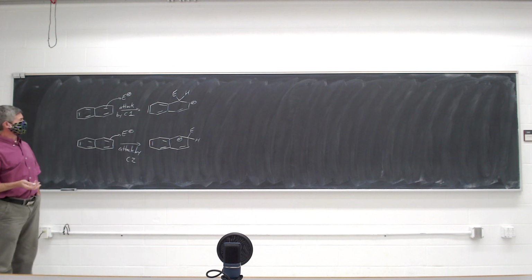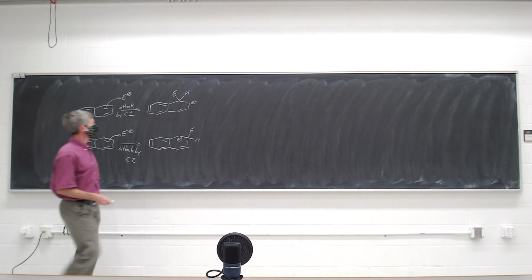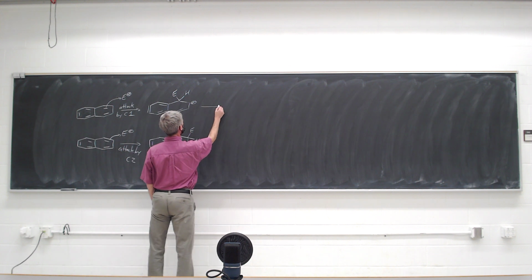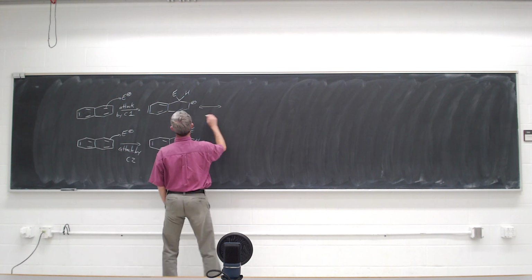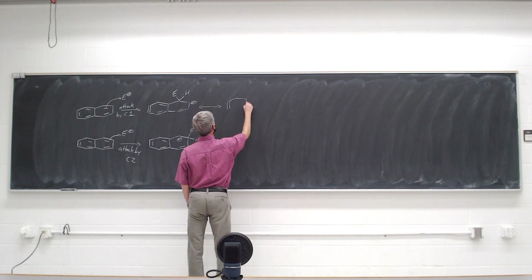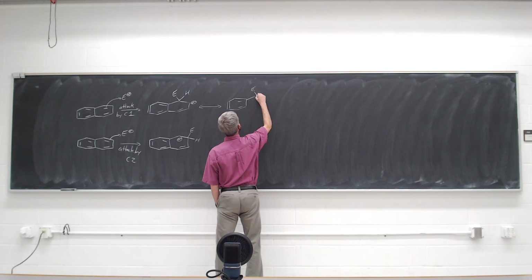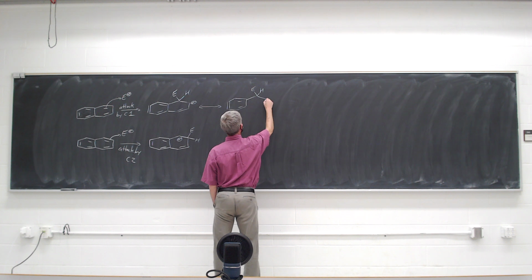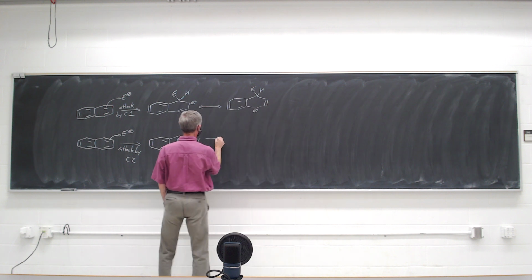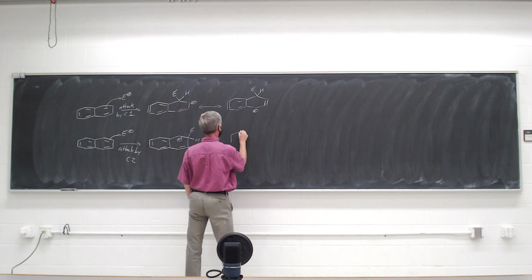And now we can start drawing resonance structures. There will in fact be 5 possible resonance structures for each of these systems, keeping that sp3 hybridized carbon in position.